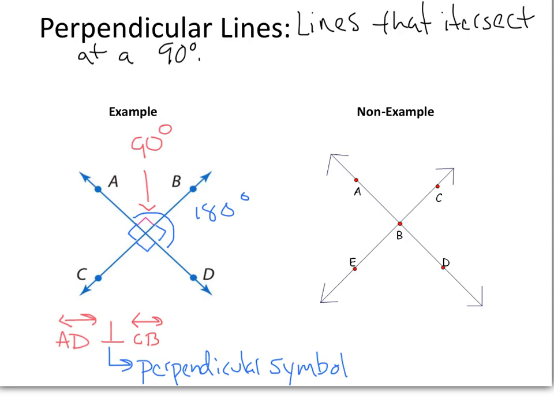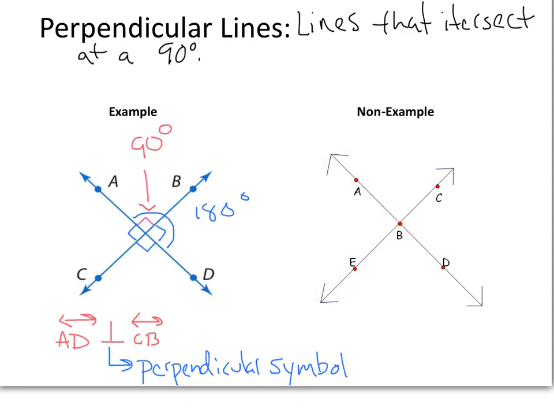Off to the right, we have our first non-example of perpendicular lines. As you can see, we do have two lines, line AD and line CE, that intersect. But the question is, do these lines intersect at a 90-degree angle? Remember, in math, we can never assume. All four of these angles do look like they are 90 degrees.